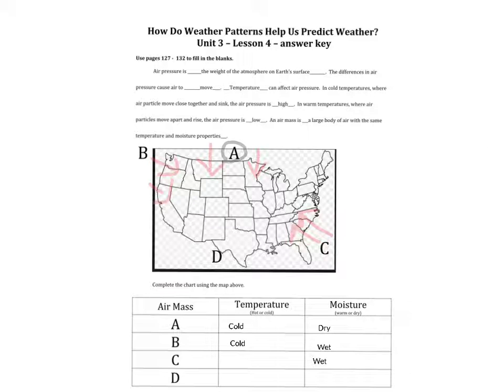Since it is forming over what we would call tropical areas, that would definitely be a hot or warm air mass. Anytime it is traveling near the equator, this is key. If it's coming from near the equator in our tropical areas, it is definitely going to be a hot air mass.